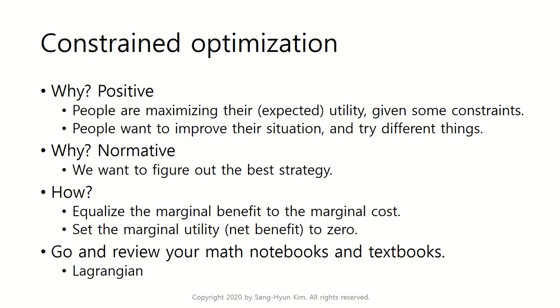So to maximize something, maximize utility or maximize some objective, you equalize the marginal benefit and marginal cost. Or you can rephrase it like this: we set the marginal utility or the marginal net benefit to 0. If the marginal utility is 0, that means you are maximizing your utility.